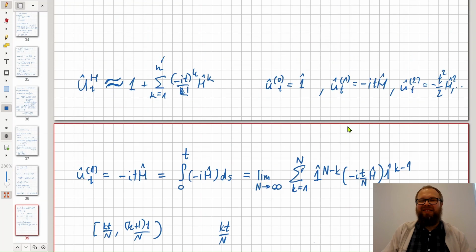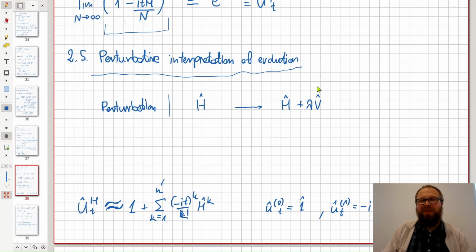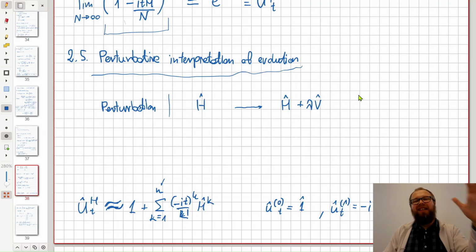You can do stuff like that typically because this is the perturbation in reality. It's not the whole Hamiltonian, that would be nonsense. You can solve the unperturbed part explicitly, and then add the perturbation on top of that.